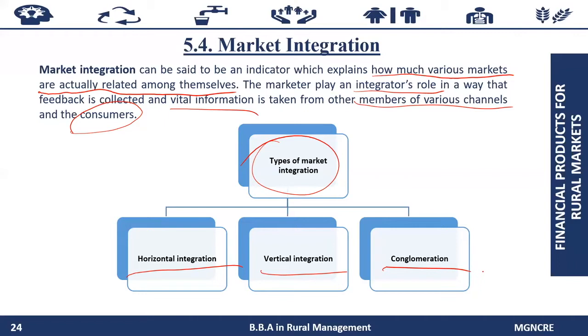And in conglomeration, a combination of various agencies or activities which are related directly to each other operate under a unified management. It can be termed as a conglomeration.